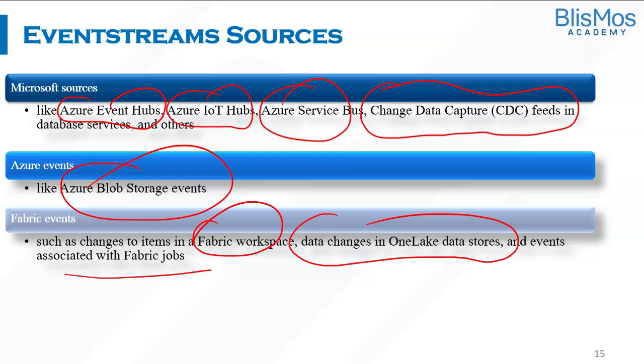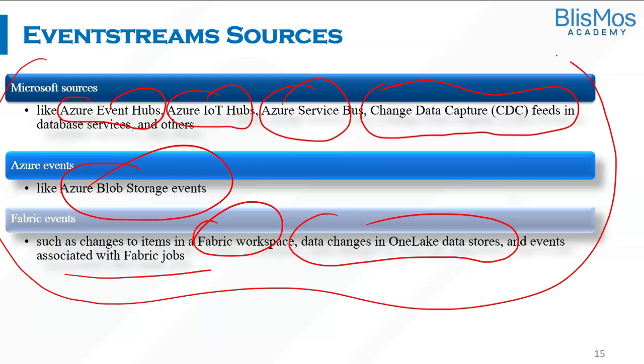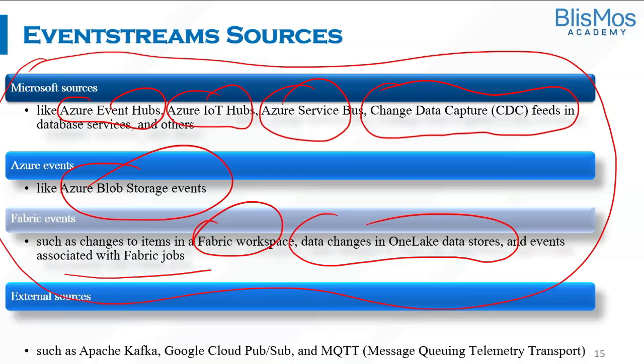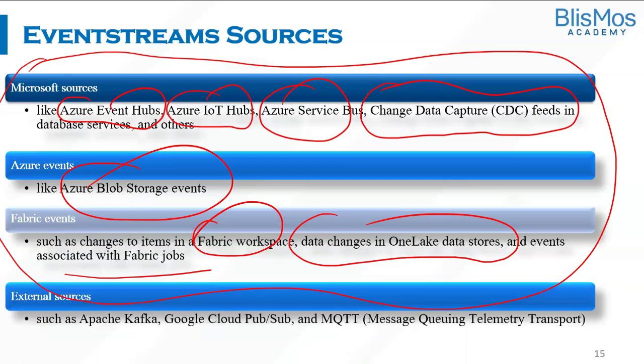If you carefully observe, all these sources are producing data which is moving, continuous data. Please pay attention to that. And also external sources like Apache Kafka. Kafka is for streaming; it is one of the messaging tools.